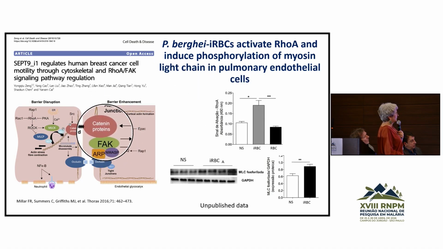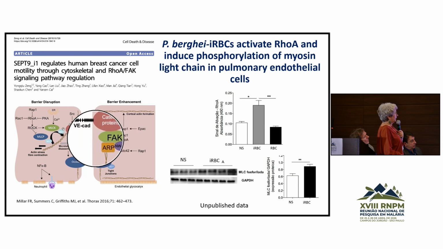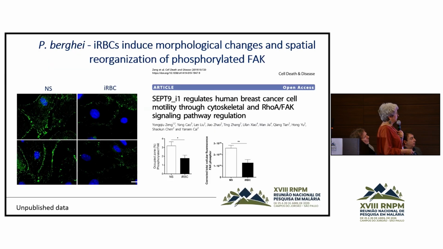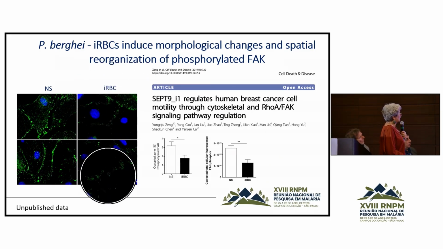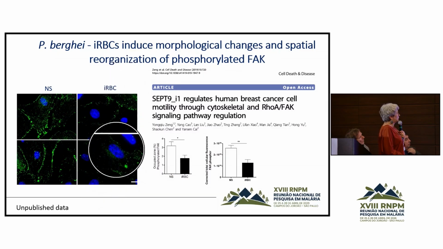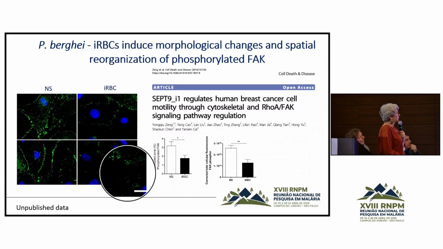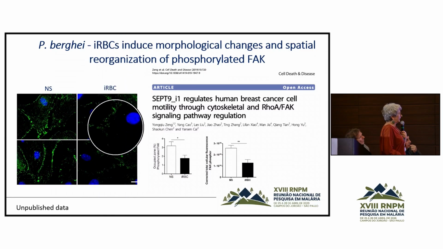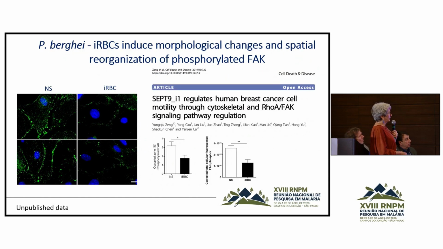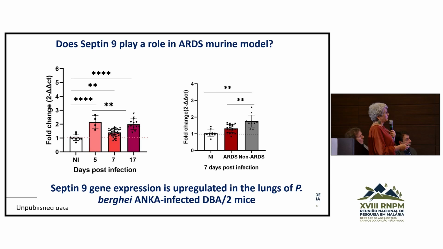And just to show you this adhesion molecule, focal adhesion kinase, which we also observed reduces its expression when we stimulate with infected erythrocytes, corroborating this article that we studied.